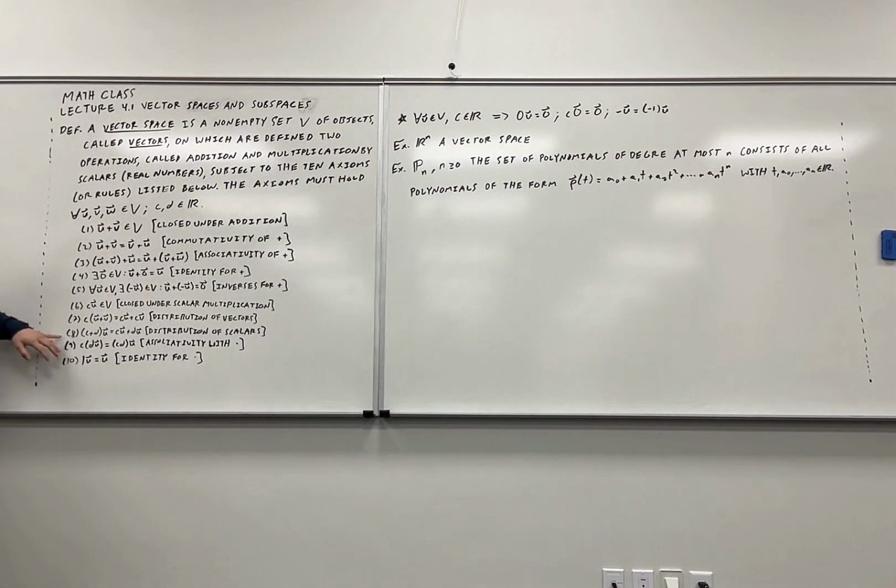Okay, so 7: a scalar c times a sum of vectors, we can distribute over the vectors, right? So it's cu plus cv. We can also distribute the scalars.